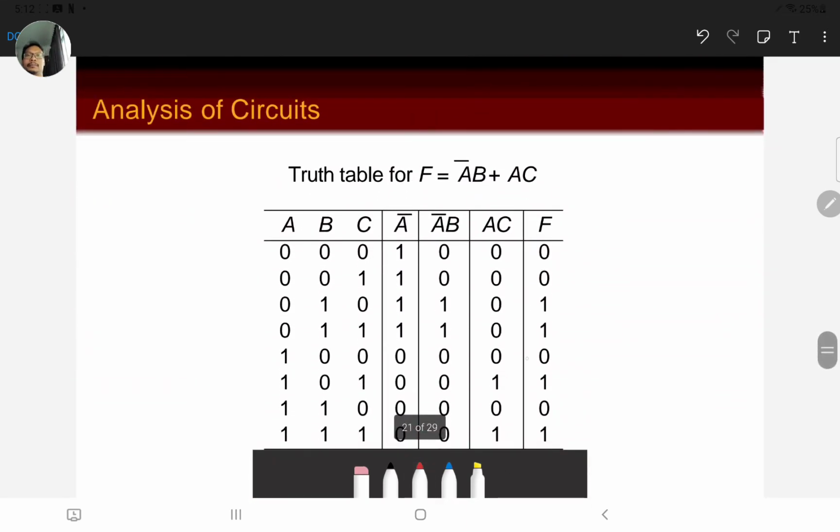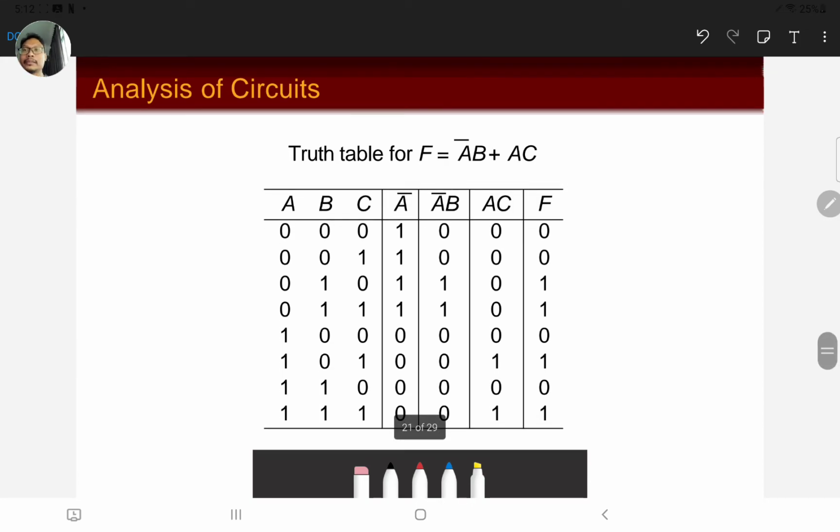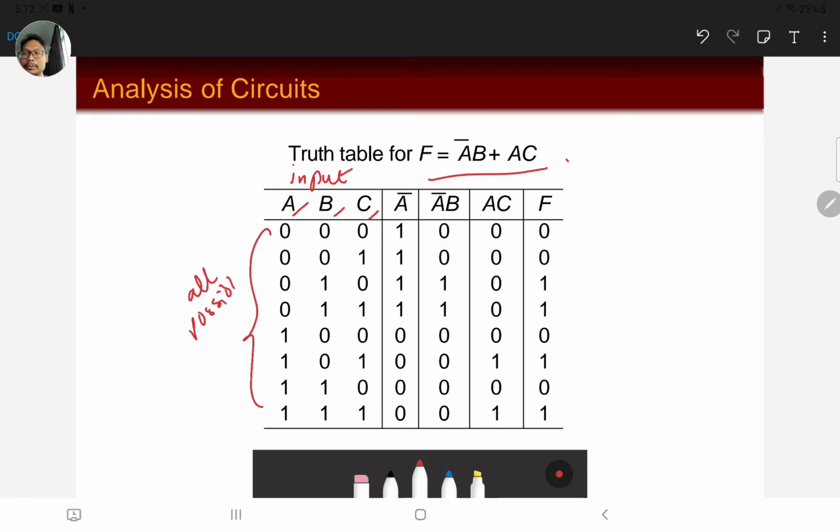Let's see how we can generate a truth table for a given Boolean equation. We know there are three variable inputs, so our inputs should be A, B, and C. We have to list down all possible input patterns, which is 0, 1, 2, 3, all the way until 111, which is 7.